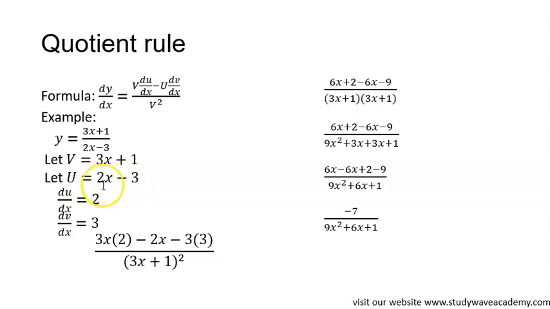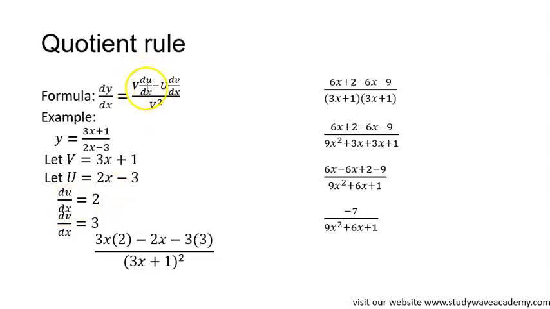To differentiate this, we are going to use the general method. So du over dx, 2x is raised to power 1, which is 1 minus 1 is 0. 2 times x to the power 0, and anything raised to power 0 is 1. So 2 times 1 is going to give us 2. So du over dx is equal to 2. Remember when differentiating a constant, it is 0.